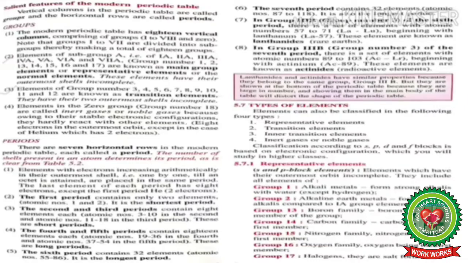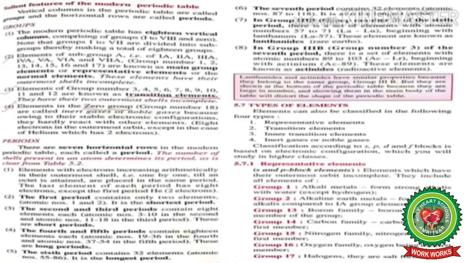Thirdly, elements of group numbers 3, 4, 5, 6, 7, 8, 9, 10, 11 and 12 are known as transition elements. We have already studied this, that the elements from group numbers 3 to 12 are called transition elements. They have their two outermost shells incomplete.